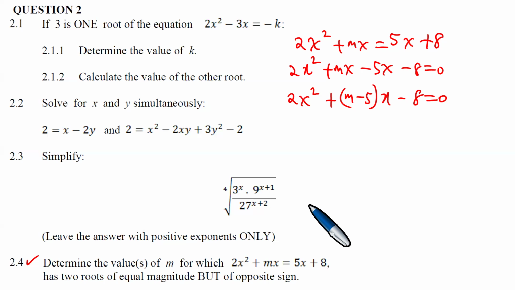Do we write it in standard form? Yes, we've written it in standard form because standard form means that it is of the form ax squared plus bx plus c equals 0, and it is the form that we have. Then we must factorize. What are the factors then?